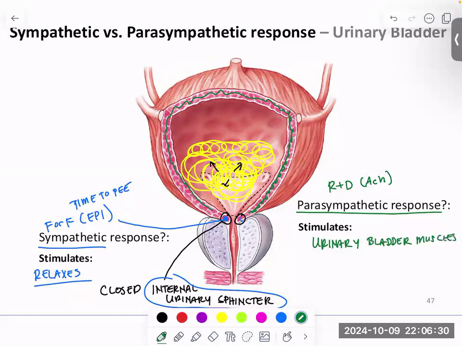When is it going to release acetylcholine? When it's time to pee. What is it going to tell these muscles right here to do? Contract. When you contract, you're going to force that urine out. So it makes the urinary bladder muscles contract.